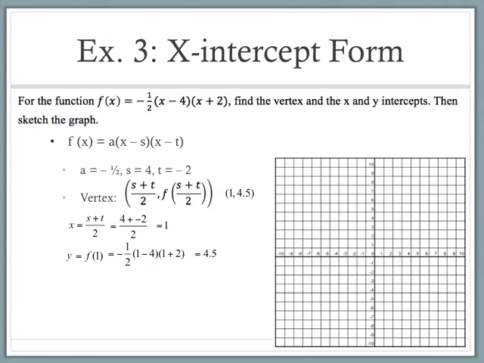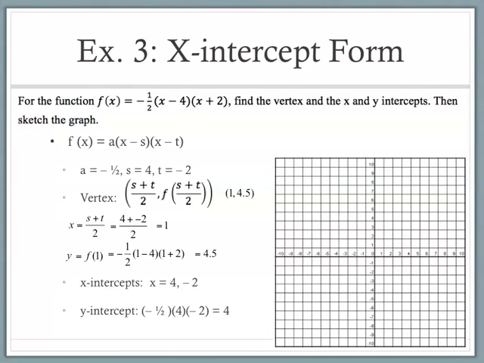All right, the x-intercepts, we take each set of parentheses, set them equal to 0, so x minus 4 equals 0, x plus 2 equals 0, or in other words, x equals 4 and x equals negative 2. And the y-intercept, this would be a times s times t, so negative 1/2 times 4 times negative 2, which is equal to 4.